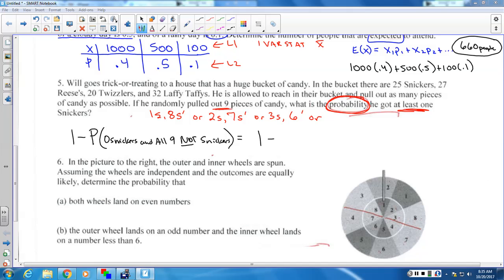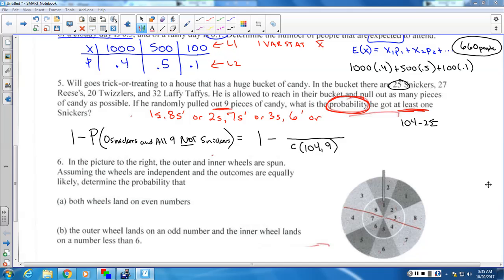So 1 minus, my denominator, in general, I need to know what am I doing here. I'm randomly pulling out 9 pieces of candy out of how many total pieces of candy? How many? 104? So out of 104 pieces of candy, I'm pulling out 9. Since there's 25 Snickers, I'll subtract that.